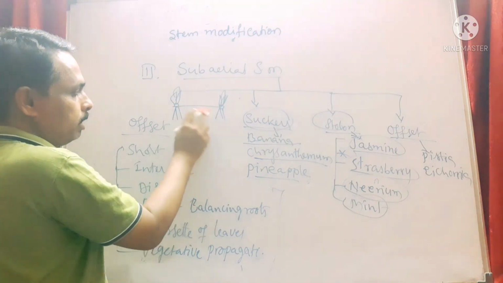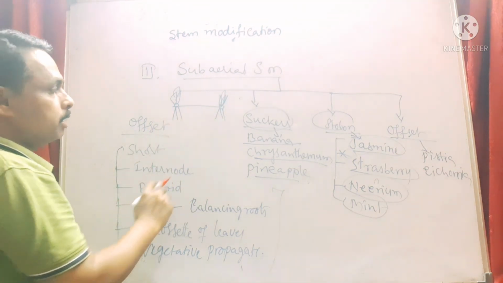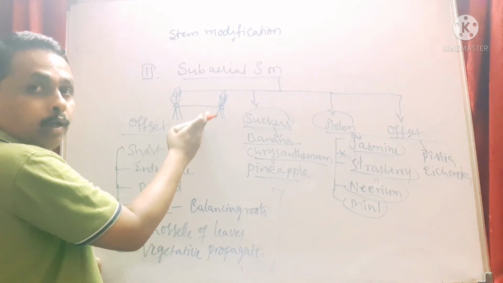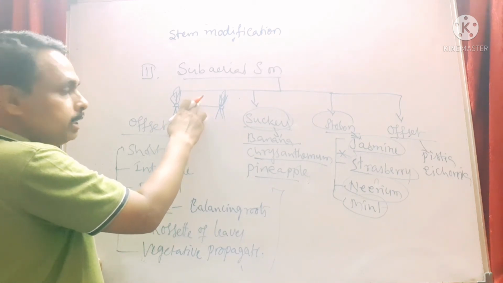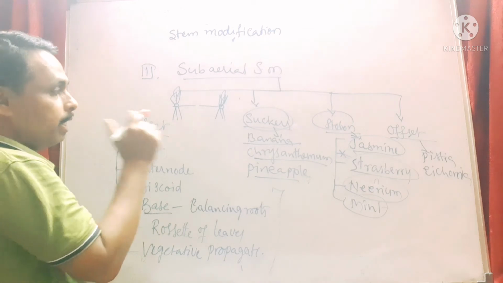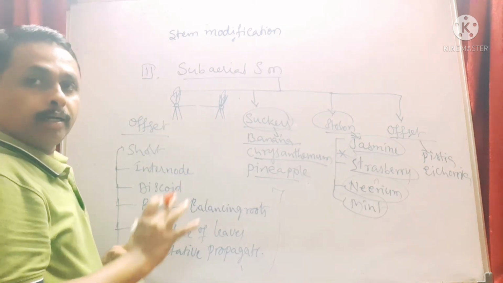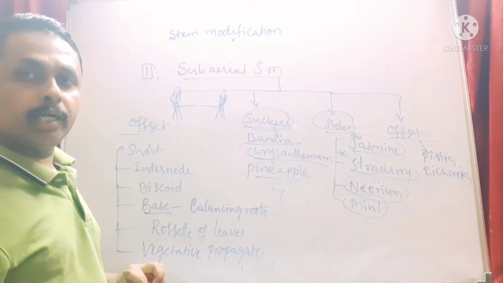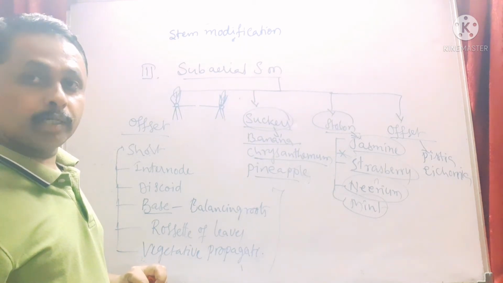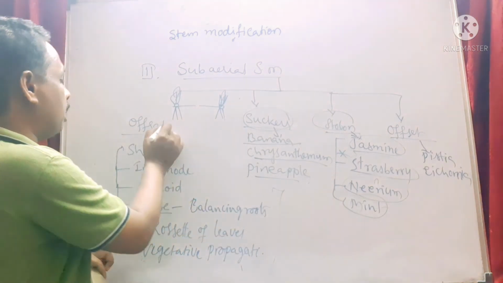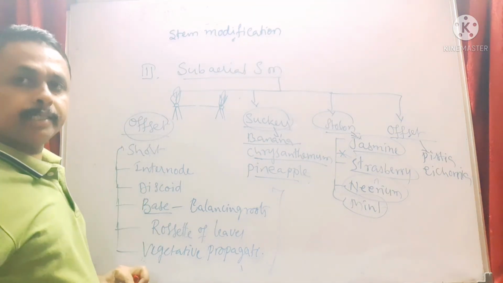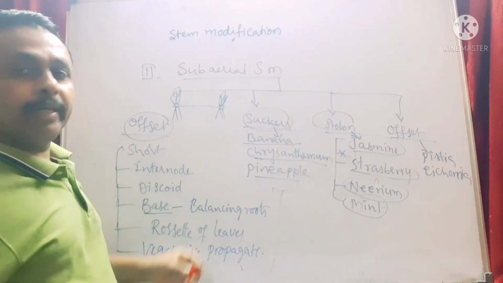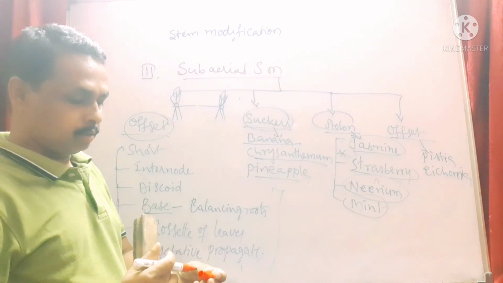So this structure will be called an offset. Suppose accidentally or mechanically something happens to this internode, then the different bits or fragments will develop into individual plants in the water. So this is about the offset. So these are the subaerial stem modifications.